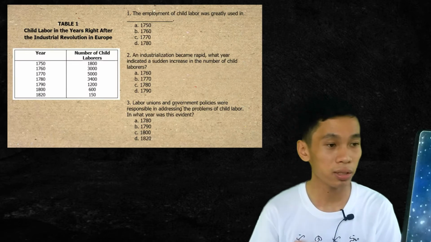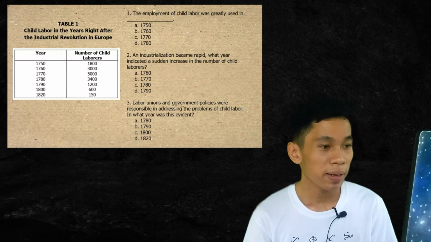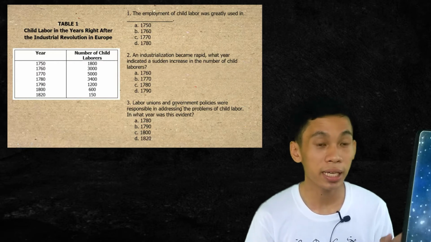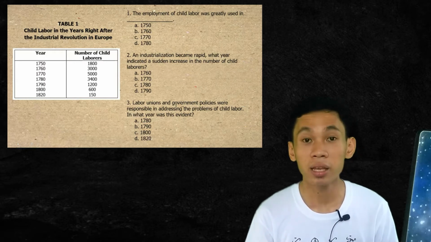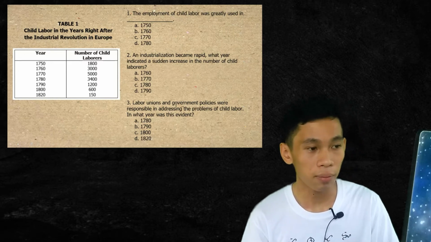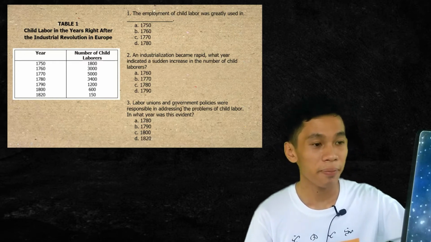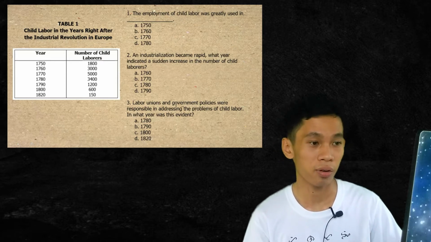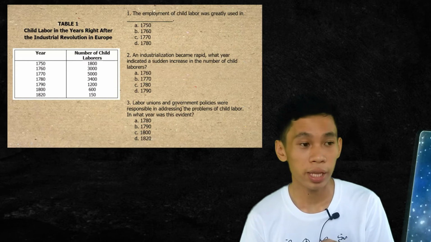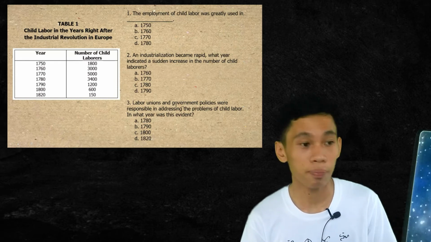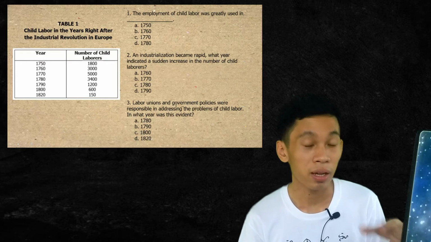Okay, so as you can see dito sa example na ipapakita ko, meron tayong table dito. It's a table of child labor in the years right after ng Industrial Revolution na nangyari sa Europe. Okay? So, dito sa isang column, andito yung year. And then sa pangalawang column naman, ito yung number of child laborers. Okay? So, basically, ang gagawin lang ni student, masasagutan niya yung mga questions base dun sa pagkaka-interpret niya sa graph.